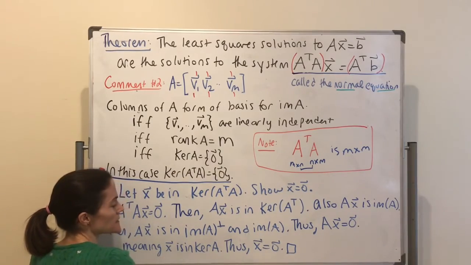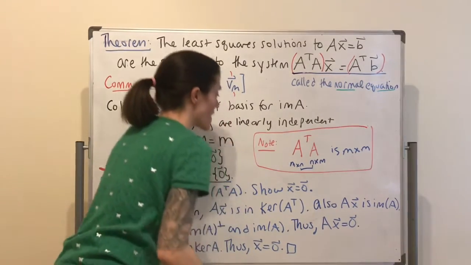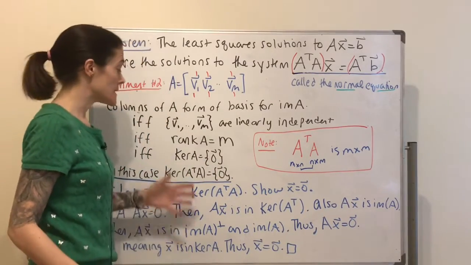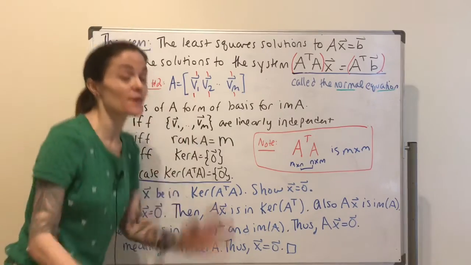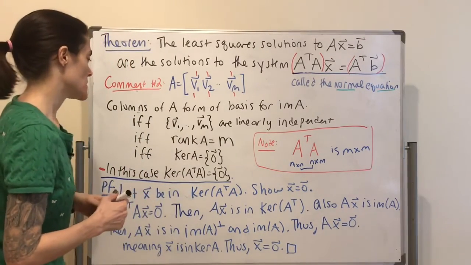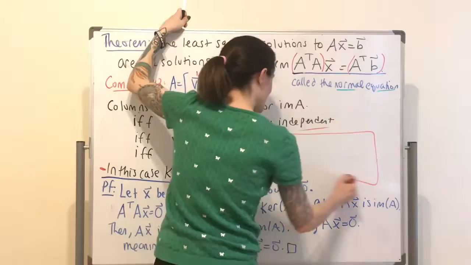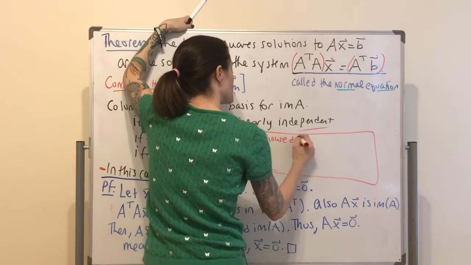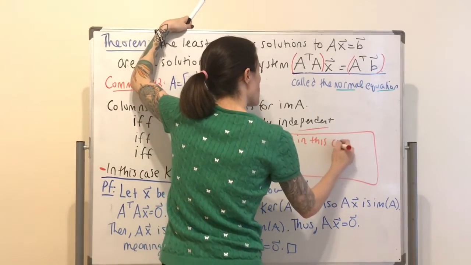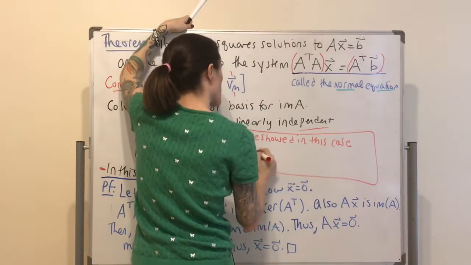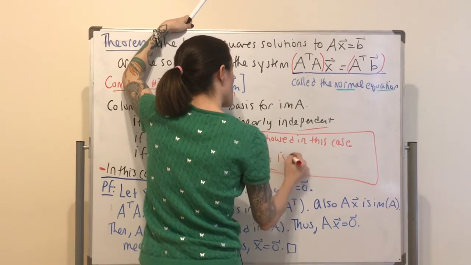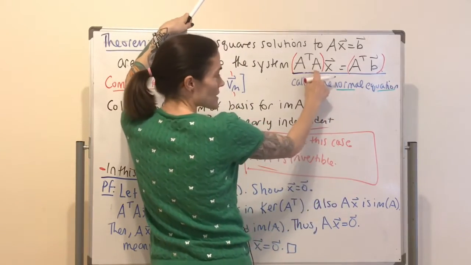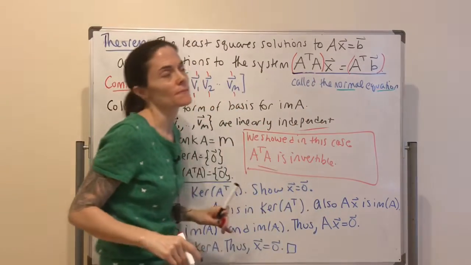So in fact, what we get from this is something quite wonderful. When A has linearly independent columns, this A transpose A is an invertible matrix. So this is my comment number 2. We showed that in this case A transpose A is invertible, which means you can solve this normal equation equivalently.